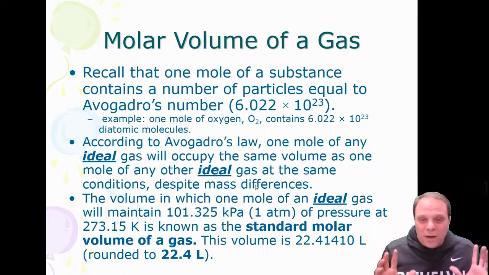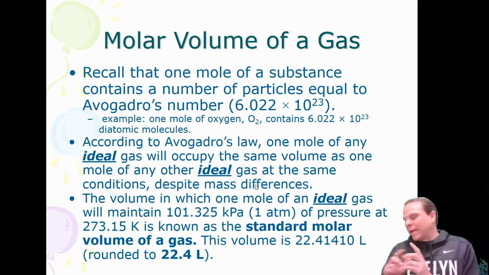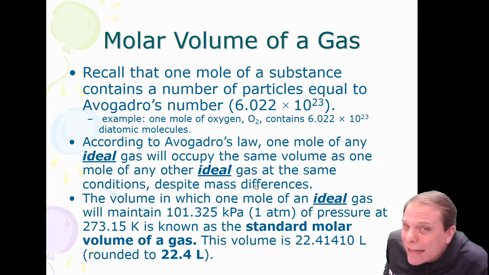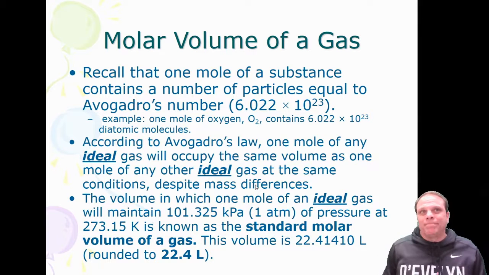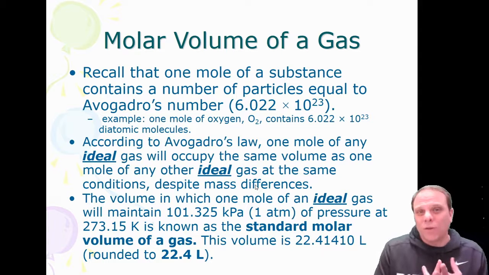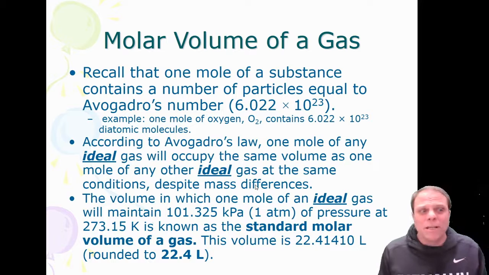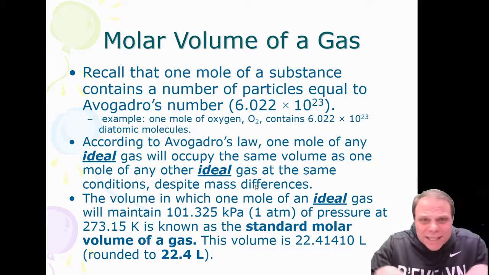So remember that this is true for an ideal gas. Now, again, is sulfur hexafluoride considered an ideal gas? Does it have completely elastic collisions? Does it not have any attraction between the particles? These particles are pretty big. Maybe they're actually starting to get a little bit attracted to each other, right? Like that water vapor that's sitting at the top too.